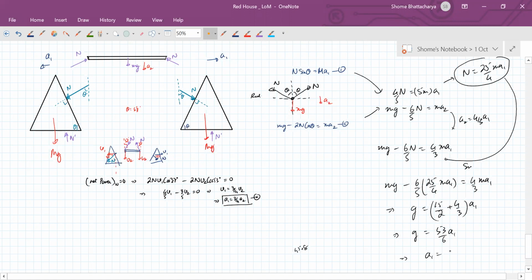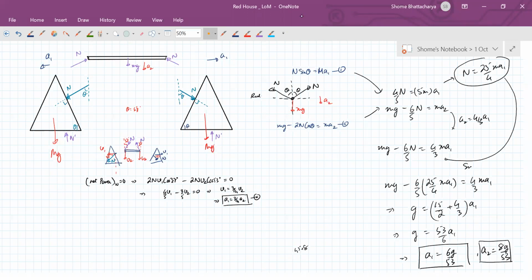So a1 is 6g by 53, and therefore a2 is 4 by 3 of this, so 8g by 53. So these are the values you should be getting.